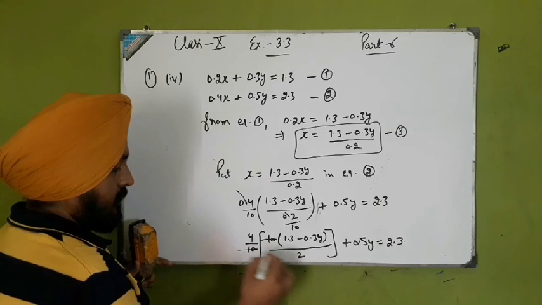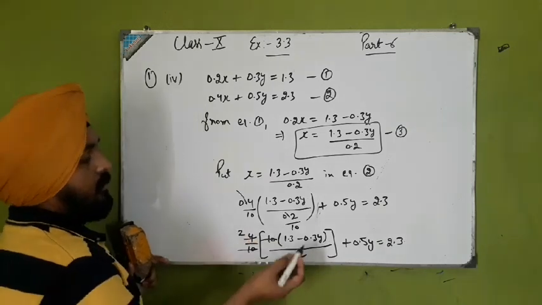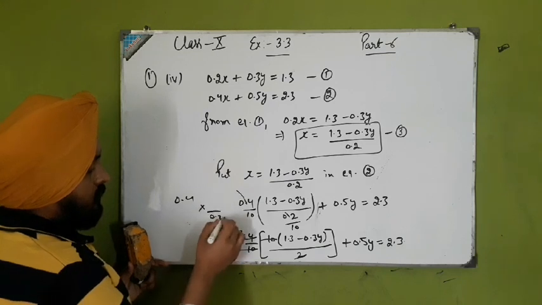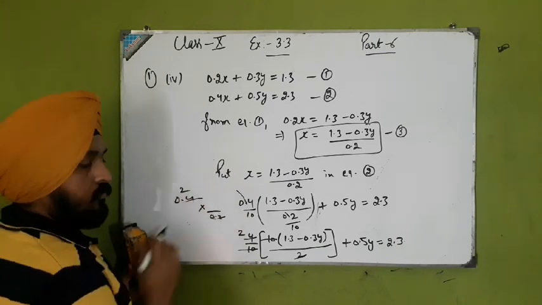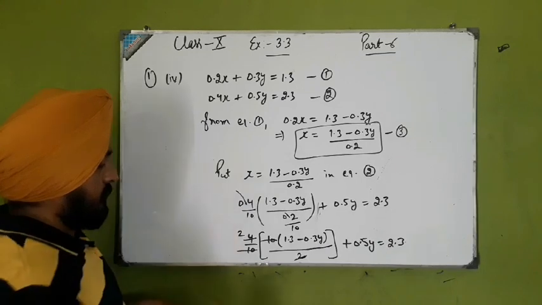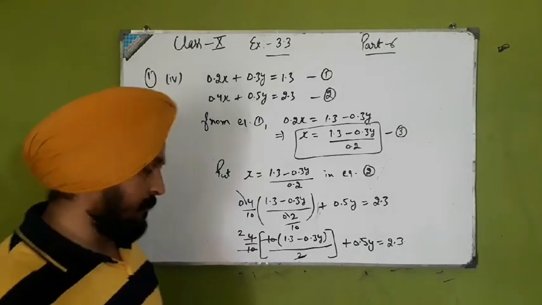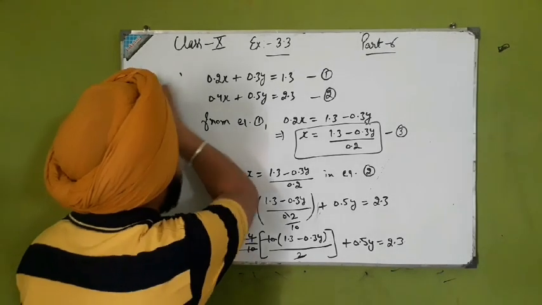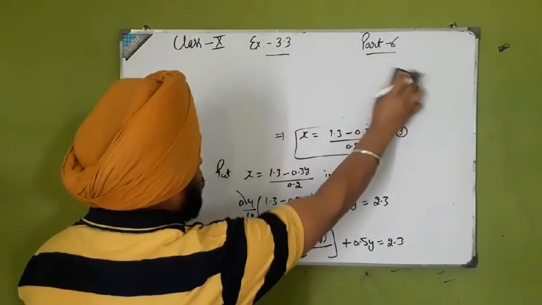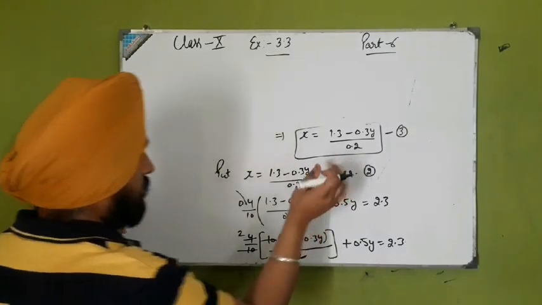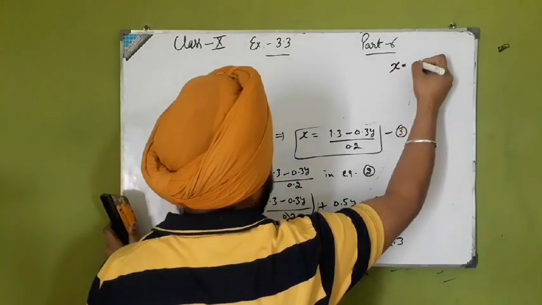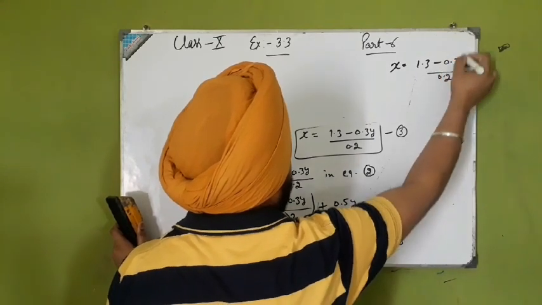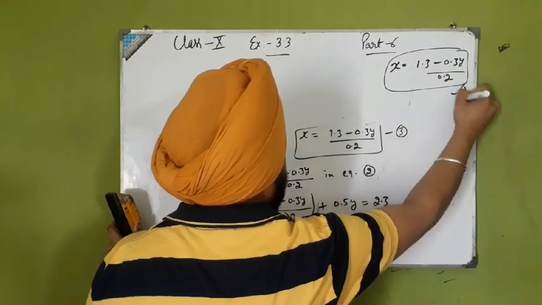Now 10 cancels with 10, 2 with 4, or directly you can also divide like this, 0.2 with 0.2, then 2 will be there. Otherwise you will be confused, so I have solved it properly. Now in the next step we have to write, that is our third equation, let it be on the right side: 1.3 minus 0.3y over 0.2, that is equation number 3.